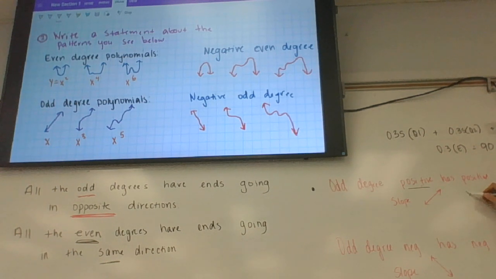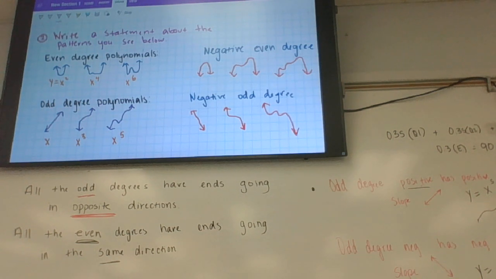So even if it's y equals x to the fifth, which you've never graphed before, it's going to have a positive slope, meaning start low and end high. But if it's odd degree and negative, like y equals negative x to the fifth, it's going to start high and end low, like a negative slope. Okay?